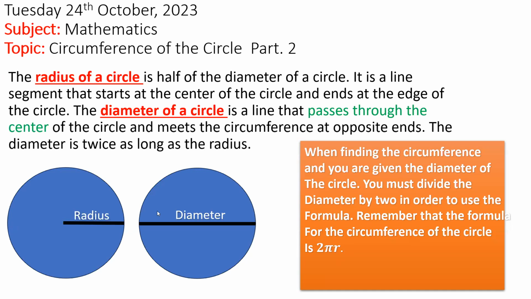Next up, Egypt. Is Egypt there? What is the approximation for pi that we use in the questions? Like, what is pi equal to?